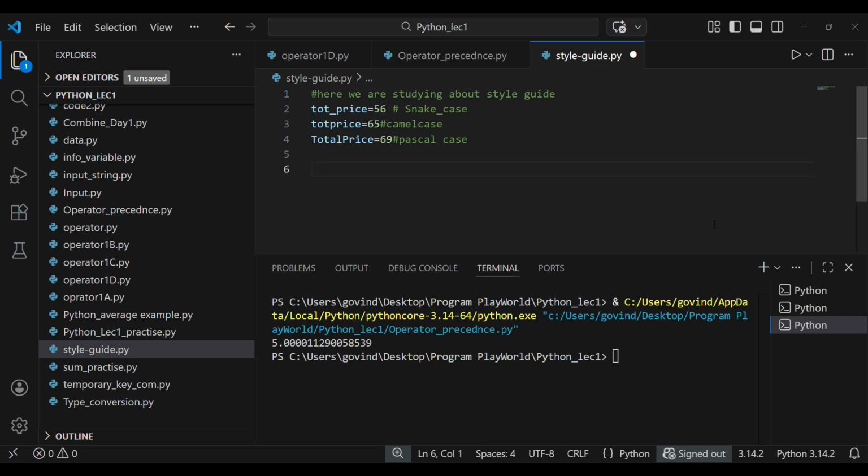If we look at our daily life, when we want to present anything to someone, we have some structure, some predefined values. Let's take a female bride, for example.